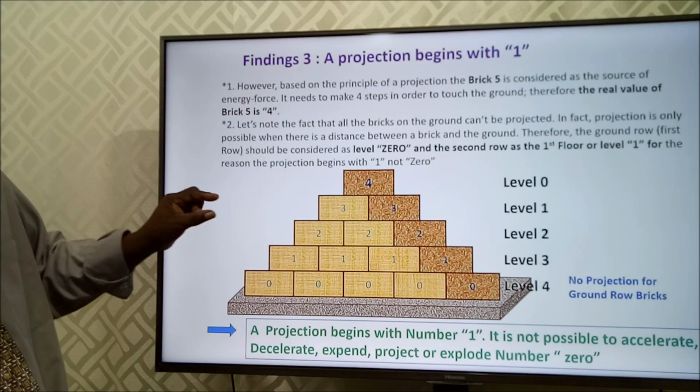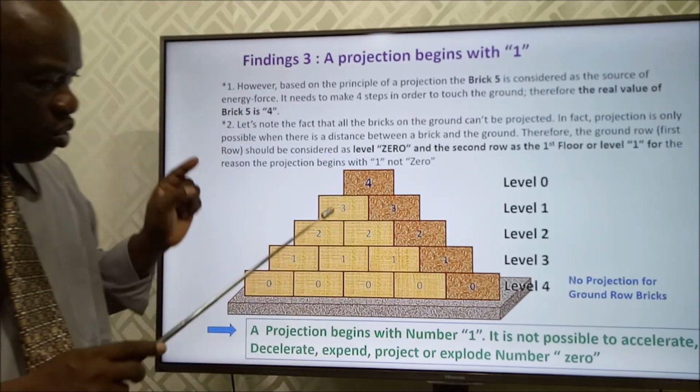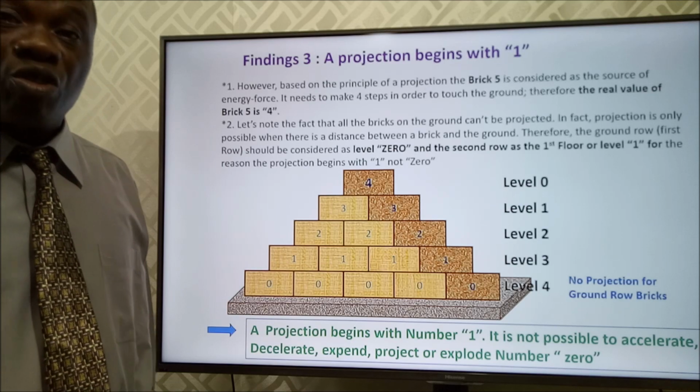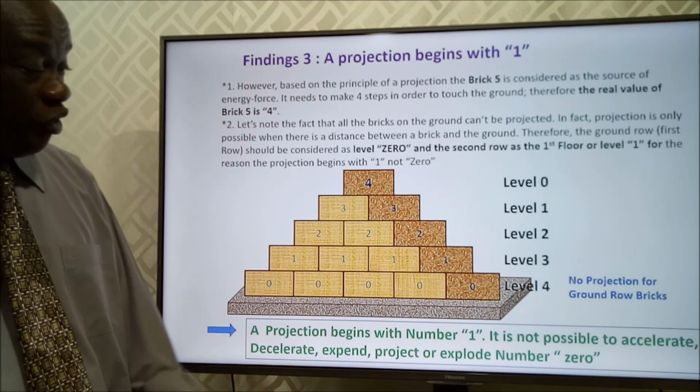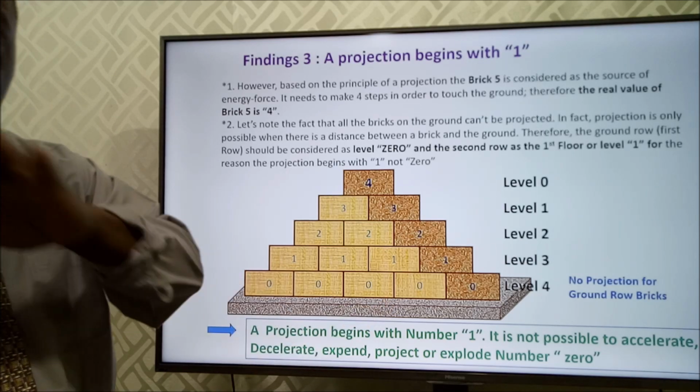But what we are talking about here is that as long as we have a space between the floor and the brick, then we can talk about projection. If there is no space, the value of the projection is 0.